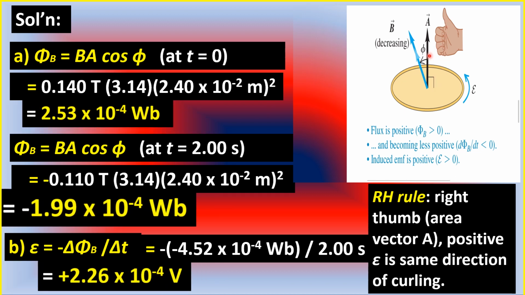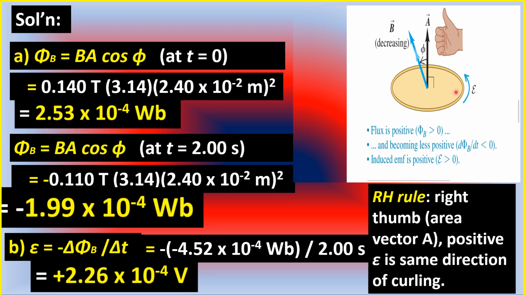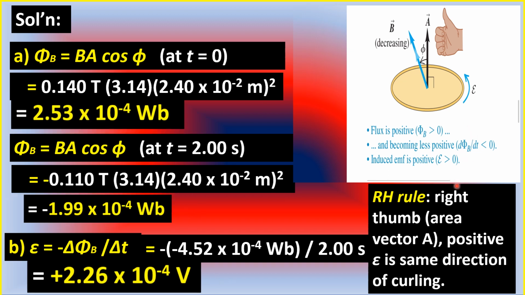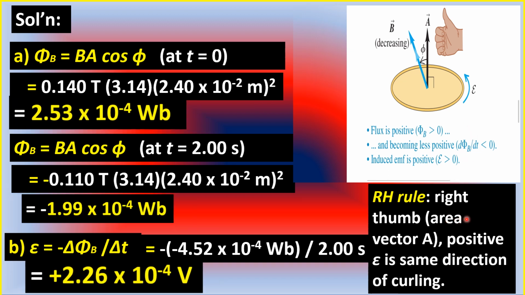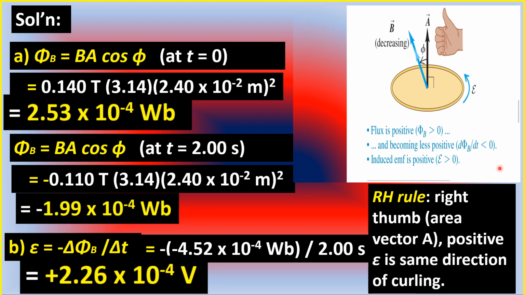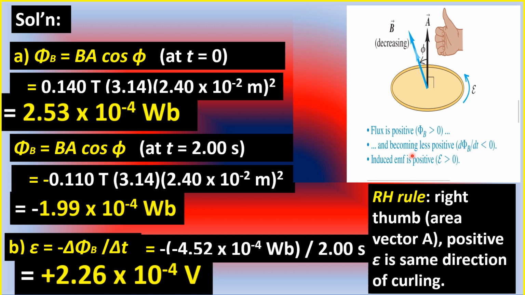Both vectors A and B are perpendicular to the plane of the circular loop, which is lying in the xy plane. So for you to determine the direction of the induced EMF, you have to check first what is happening to your change in the magnetic flux.